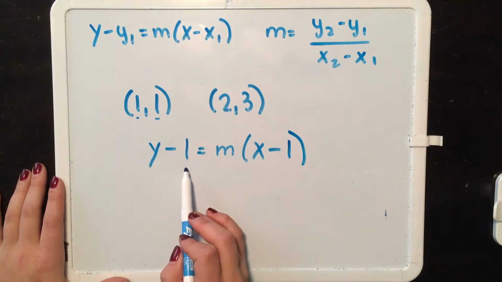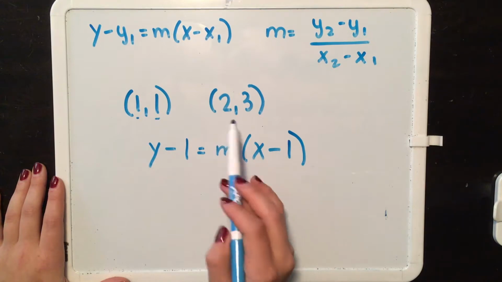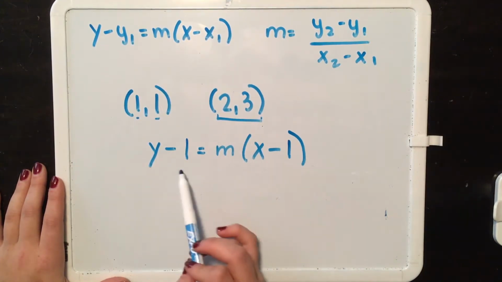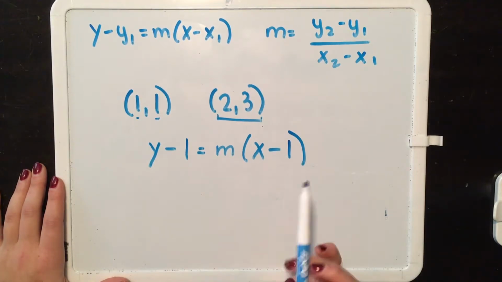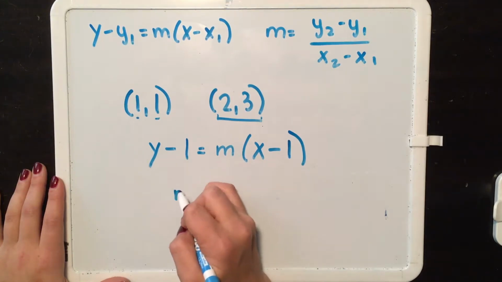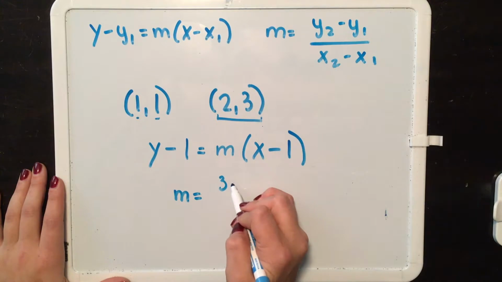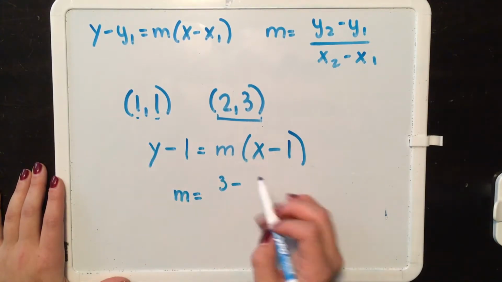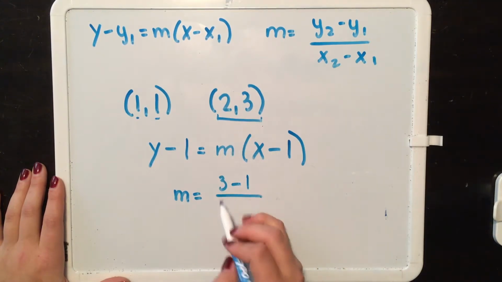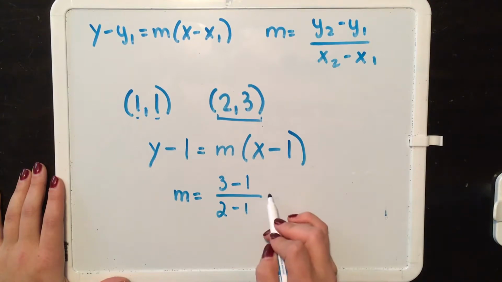Now, you do not have to use x1 and y1. We could also use x2 and y2. It doesn't matter which point we use in this equation. Now, m we have to find, which is the slope of the line. m equals y2, which is 3, minus y1, 1, over x2, 2, minus x1, 1.